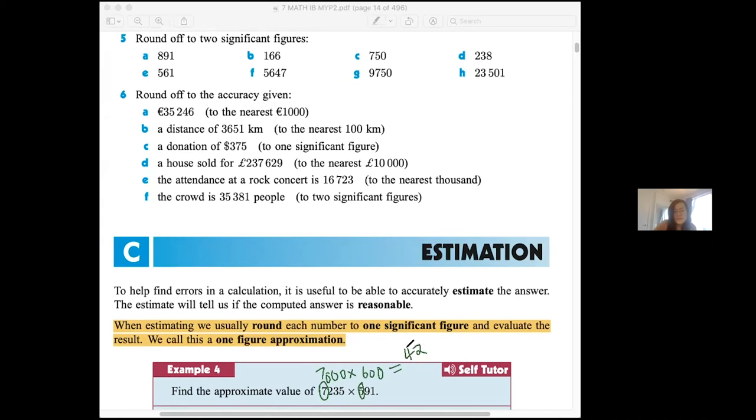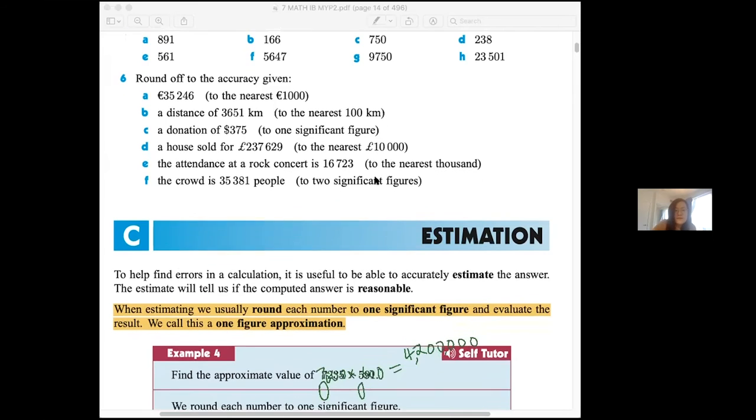And then 1, 2, 3, 5 zeros after. So the approximate value for this one would be 4,200,000. Are we all good? Okay, let's move on.